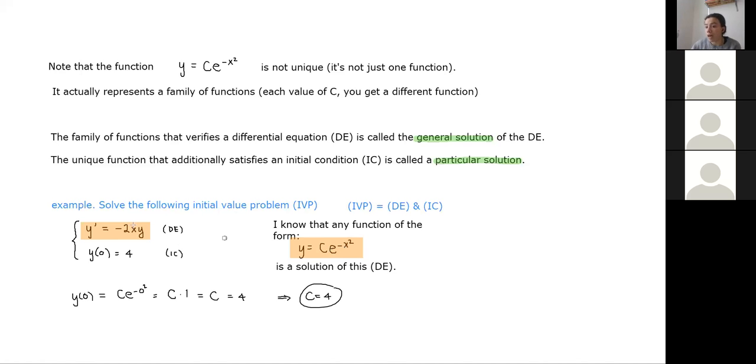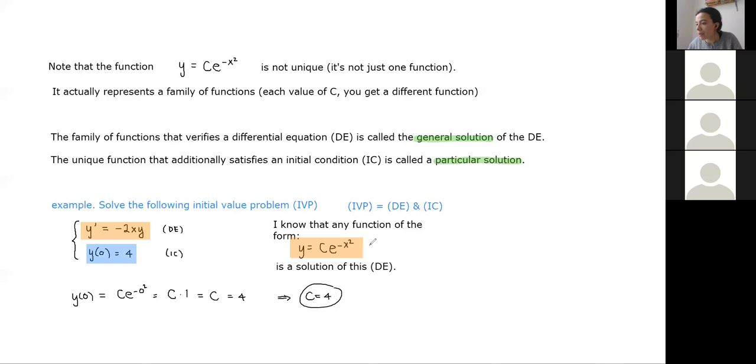Okay, so then I use this initial condition, right? So what I do is I first plug in 0 into the form of the function that I have. Okay, guys, I'm clearly not being very clear today.